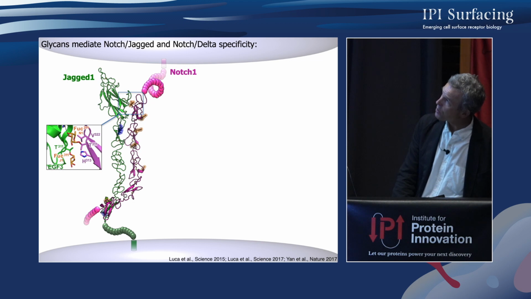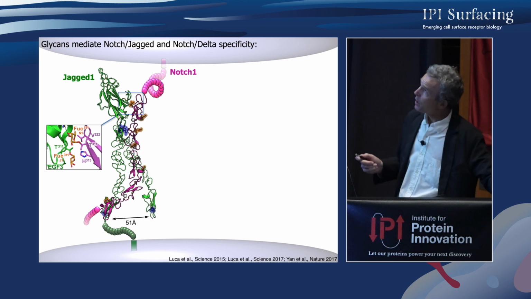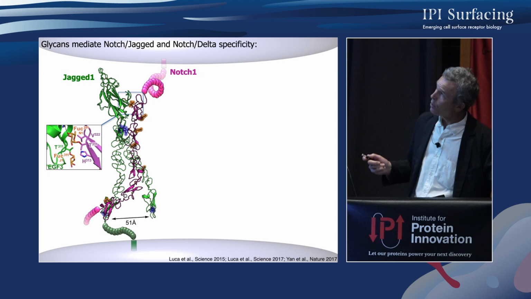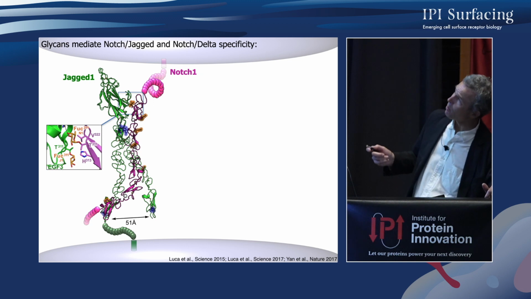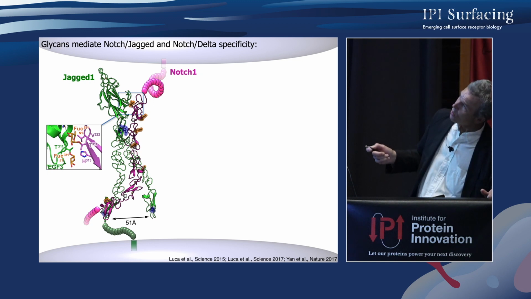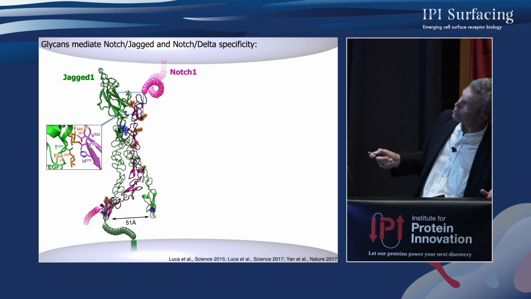to do some measurements looking at the mechanical force properties of receptor activation. We also saw that in the complex the Jagged molecule was bent compared to the unliganded structure.